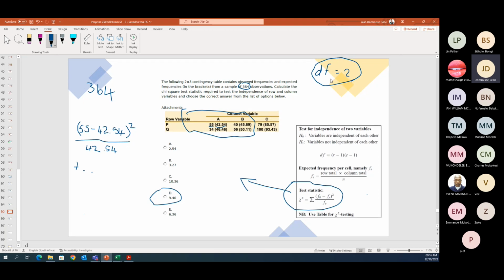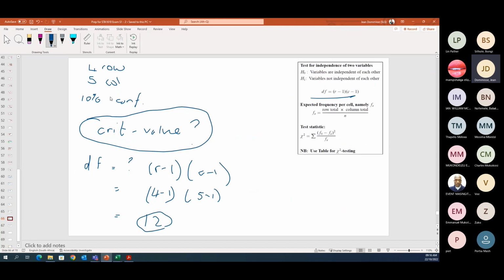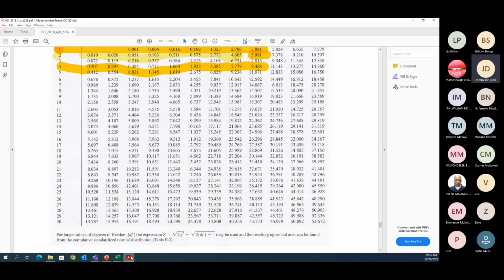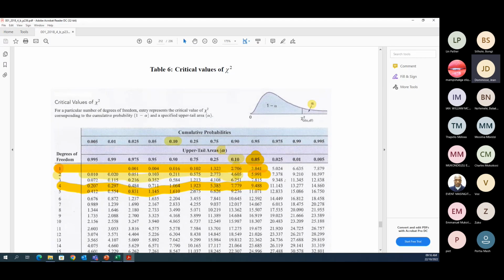They've given us a percentage, so look at the table. Degrees of freedom is 12. We said 10%, so let's go to the table.